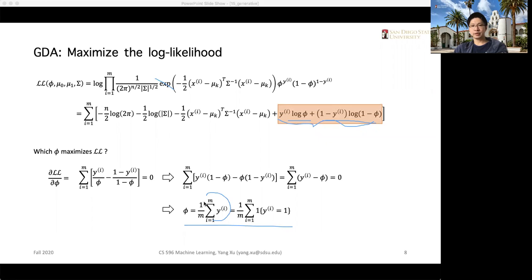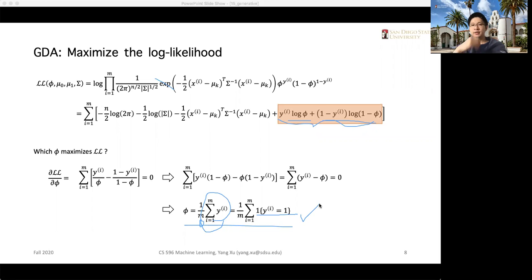Which is the summation of all y's divided by the number of all data points, right? If we use an indicator function, think of the meaning of this equation. That is to simply count how many ones there are, right? Among the total training data sets, how many ones are there?